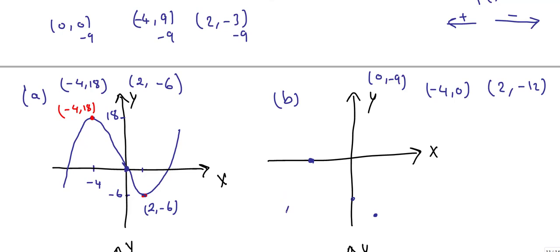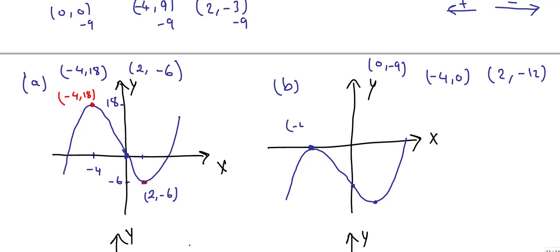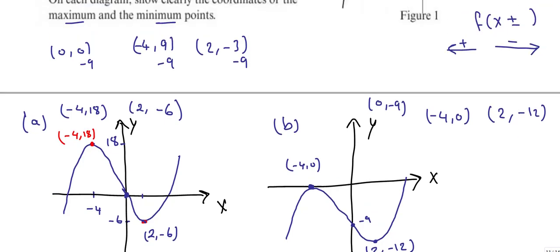Okay, so it looks like this. So this is -4 and 0, here -9, and here 2, minus 12. Clear to everyone.